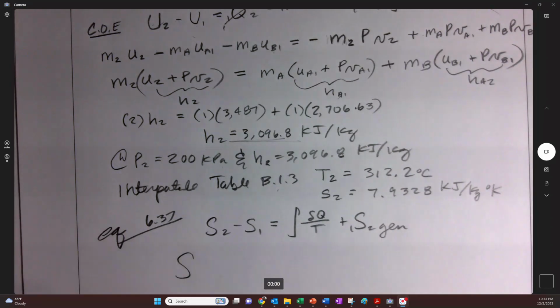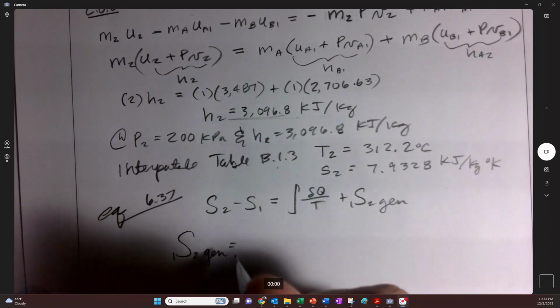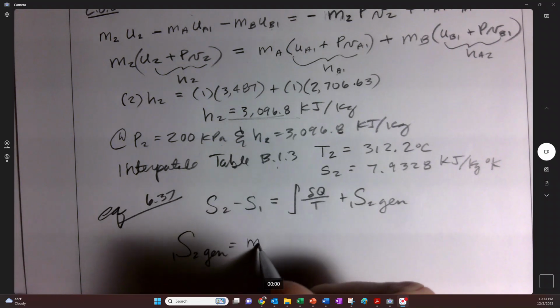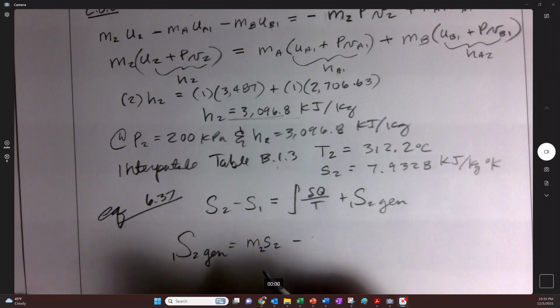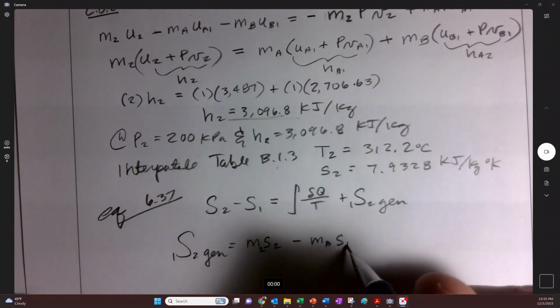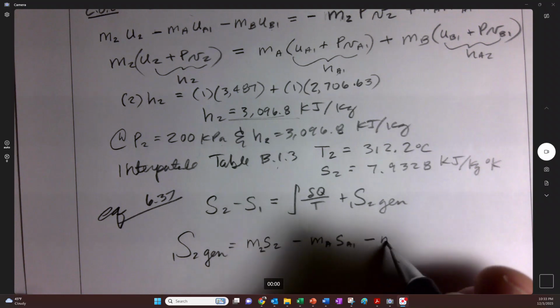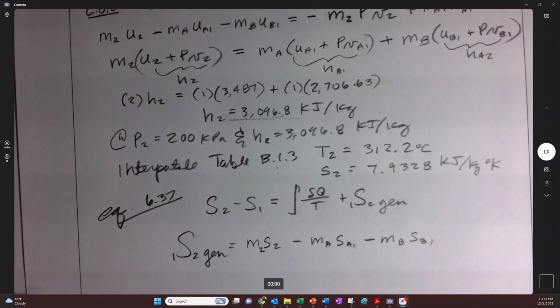S 1 to 2 gen is going to be M2 S2 minus MA SA1 minus MB SB1. We have that, right?